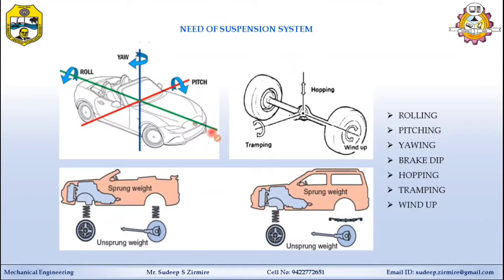It's called DOF, degree of freedom. 6 are longitudinal degrees of freedom and 6 are rotational degrees of freedom. Just for your general knowledge, I am telling here: x plus, x minus, y plus, y minus, z plus, z minus, and clockwise, anti-clockwise rotation about each axis. These are the 12 degrees of freedom.